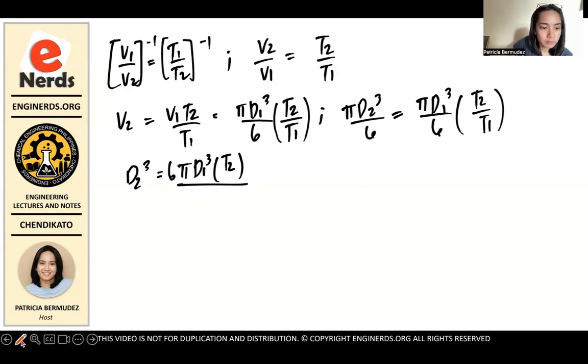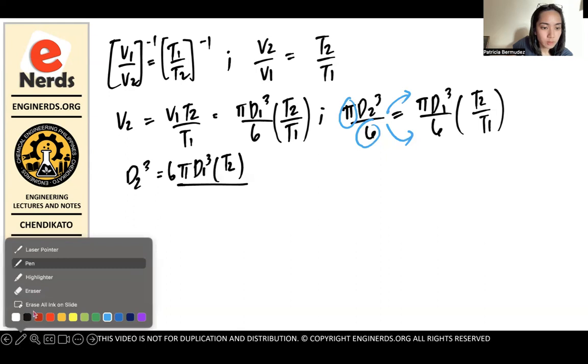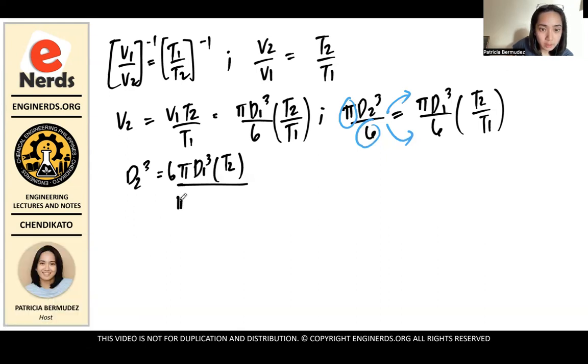Itong nasa denominator here, we transfer this into the numerator. Tas itong pi, ilalagay natin sa denominator. So nandito yung pi, na transpose natin sa denominator. And then yung 6 here, you just copy. And then yung T1 natin. So makakancel yung 6 pi.